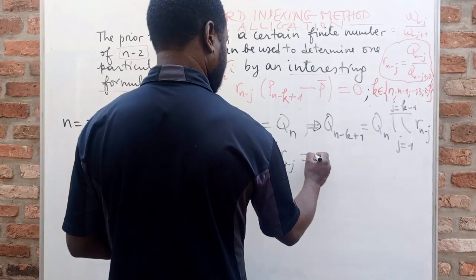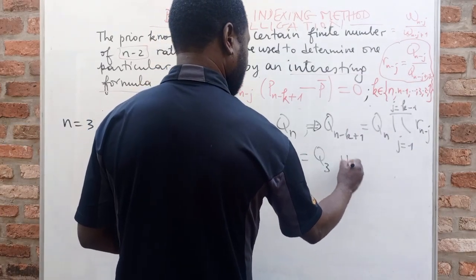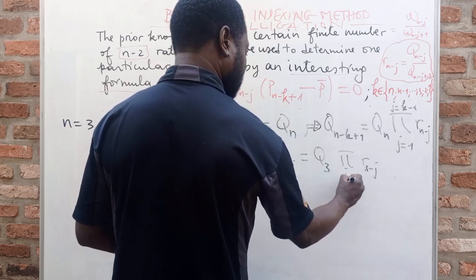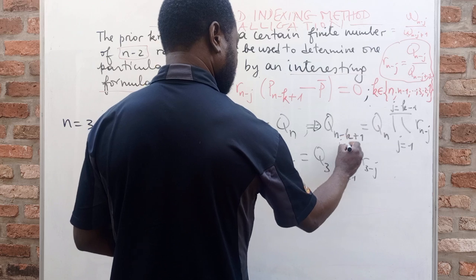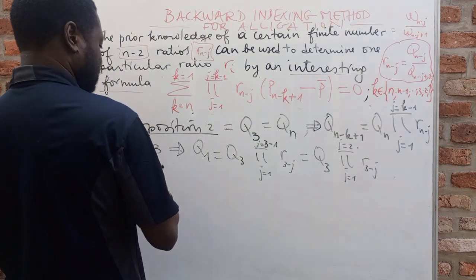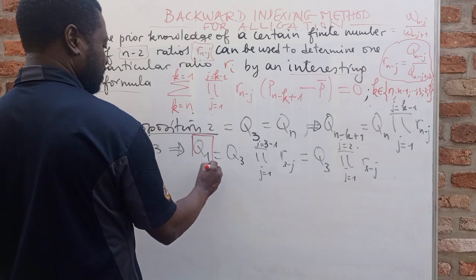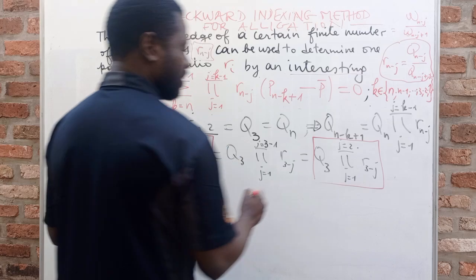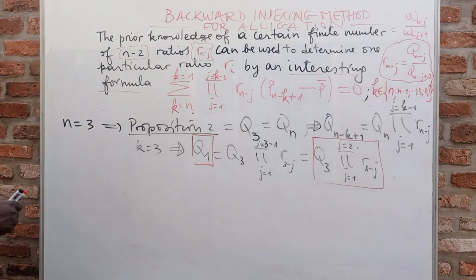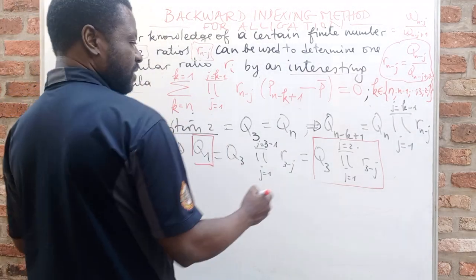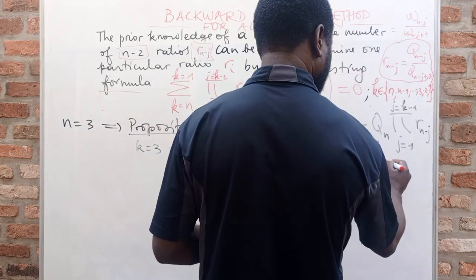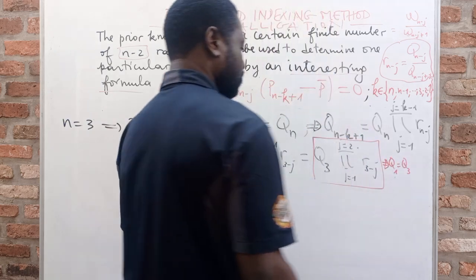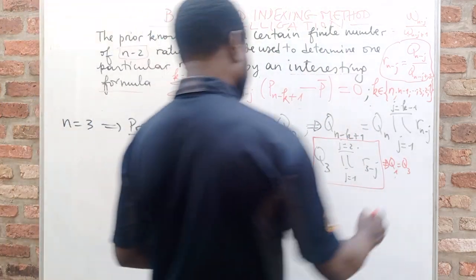So this is finally equal to q3 times the product of ratios from j equal to 1 until j equal to 2. This means that if I want to calculate q1 knowing q3, I have this equality.